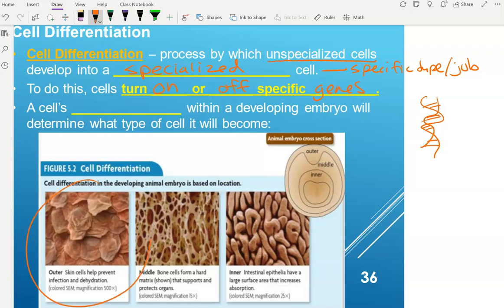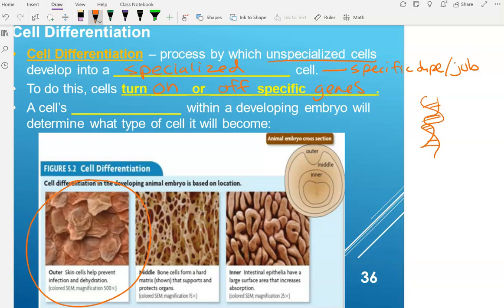For example, skin cells contain keratin, which is a protein that's in your hair, skin, and nails. And that is a gene that would be turned on in a skin cell's DNA to make the protein keratin.